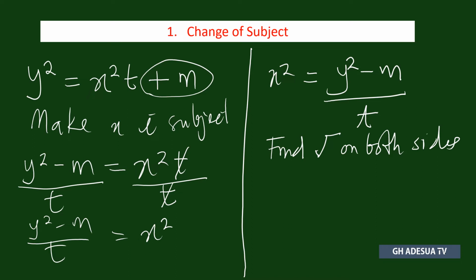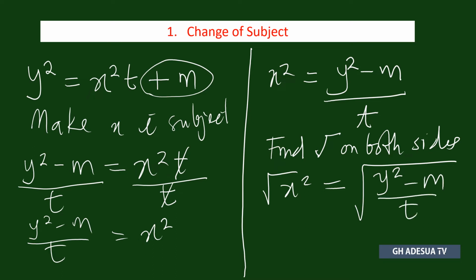Now to find the square root of both sides, just put the square root sign on x squared. Then on the right hand side, it goes over every other thing. So y squared minus m over t. That is what would be on the right hand side.